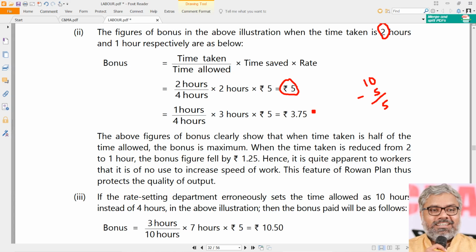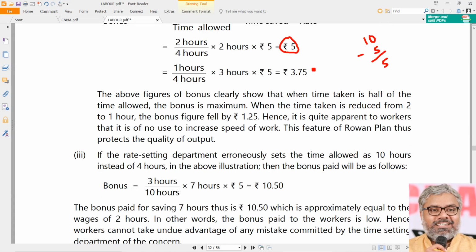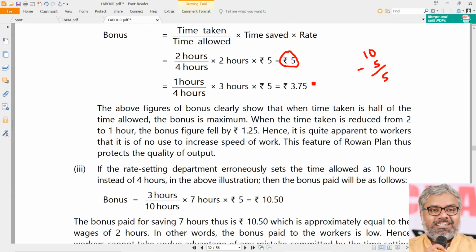So here the bonus figure has actually not increased, it has decreased. That is the point. The amount that the worker is getting may look like it has increased, but if you look at the hourly point, then the bonus has actually not increased, it has decreased.